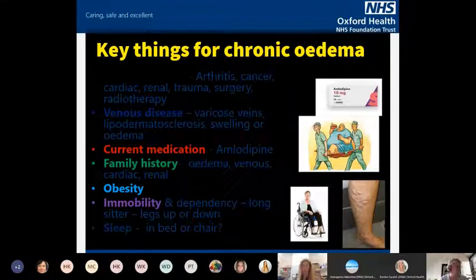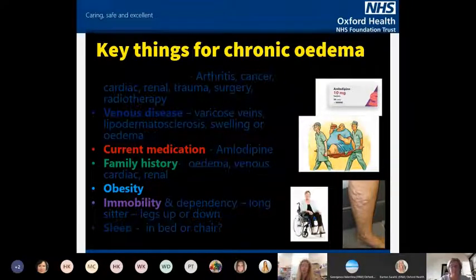And arthritis, so rheumatoid arthritis, I'm not just talking about legs here, but joints and arms, that can give you chronic edema too. The biggest cause of edema, district nursing wise, is the good old venous disease that's been there for so long and the person's become less mobile and has other comorbidities, so they've now got lymphovenous disease. So it's not just venous disease, they've started to get edema in the leg.